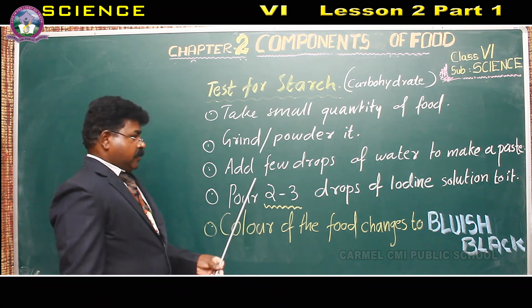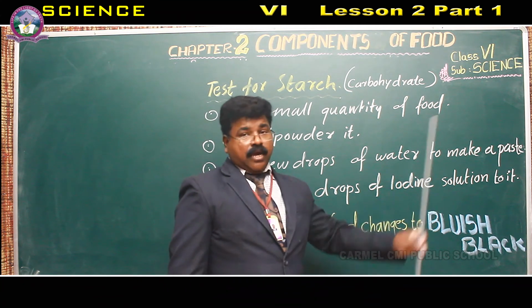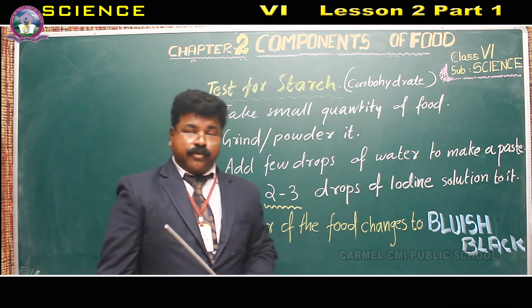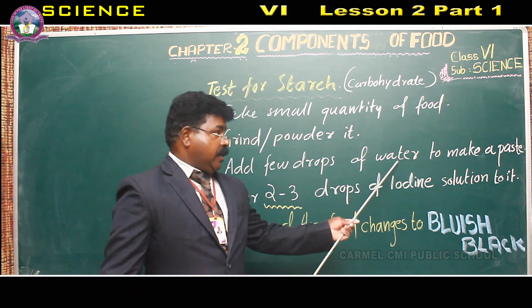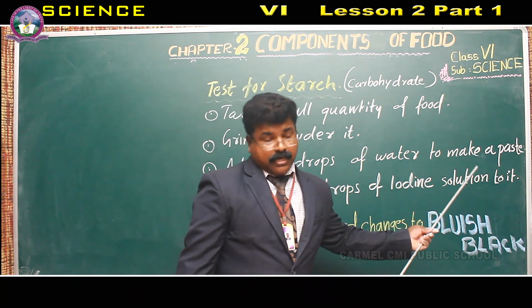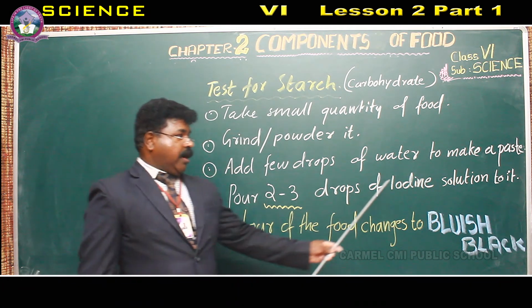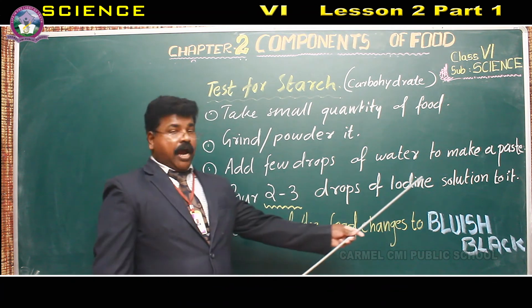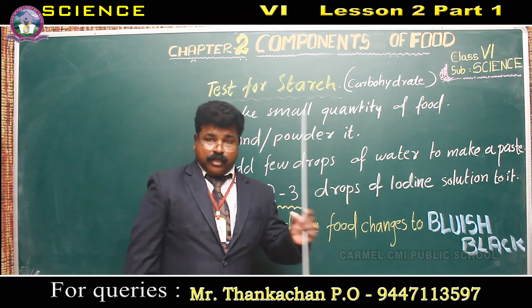The next, we have to add a few drops of water to it to make a paste. First we have to take the food material. Into that we need to add a few drops of water so that we can make that food into a fine paste. The next step is pour 2 to 3 drops of iodine solution to it. After pouring iodine solution, we need to shake that test tube thoroughly.